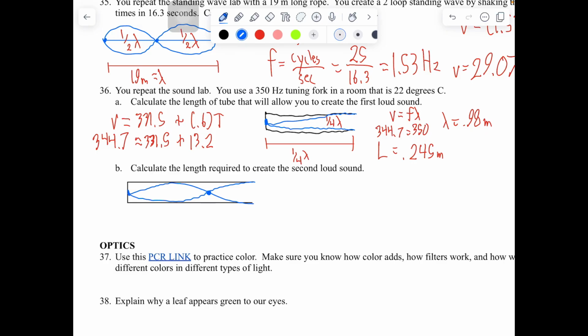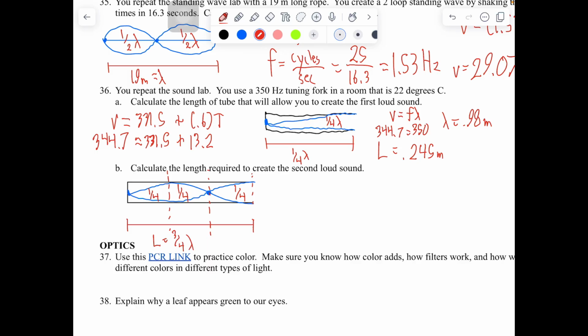Now, if we split this up into quarters of a wavelength, we have 1/4 here, 1/4 here, and 1/4 here, because every half a loop is a quarter of a wavelength, just like we said for number 36, part A. This means the length of the pipe is 3/4 of a wavelength.